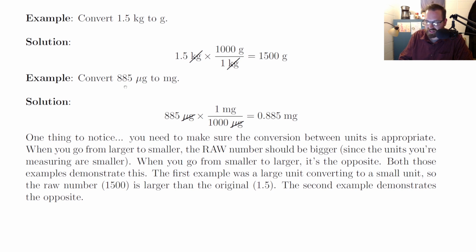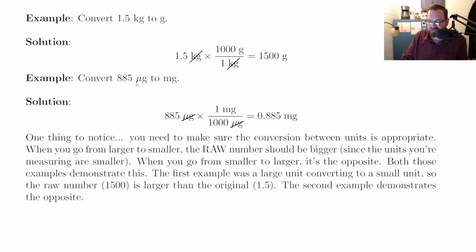Now for more exotic units or prefixes like this one. If you remember, mu is for micro. So this is 885 micrograms to milligrams. This is one that I wouldn't expect anyone to have memorized, by the way. So if you want, go back and reference that chart that I had in section 3.1, and you can see the difference between micro and milli.